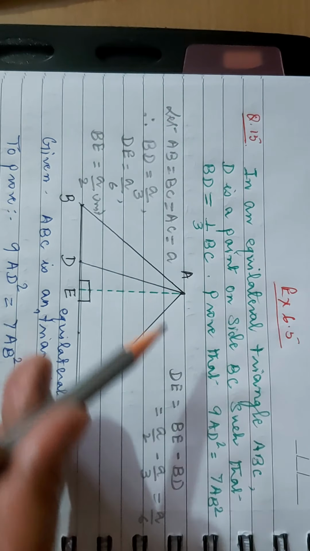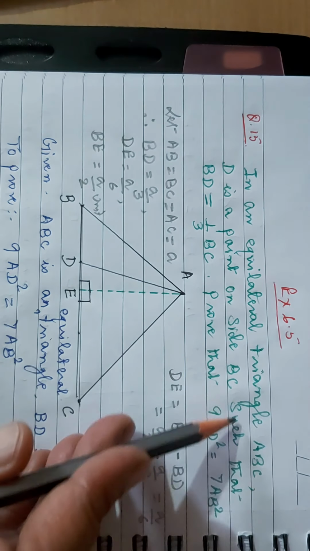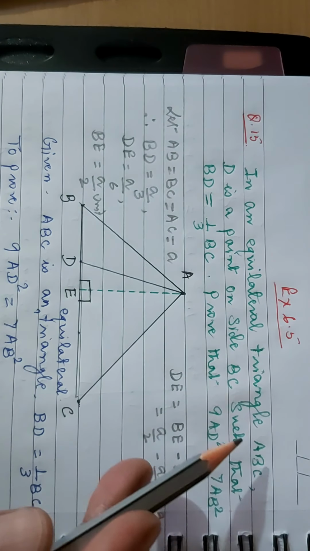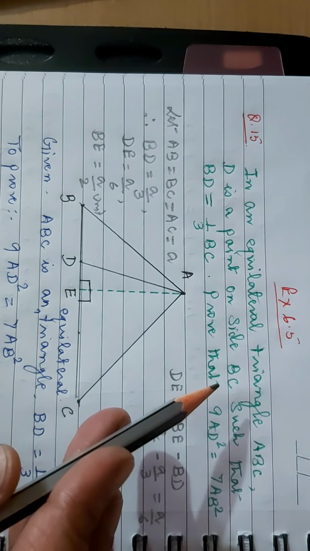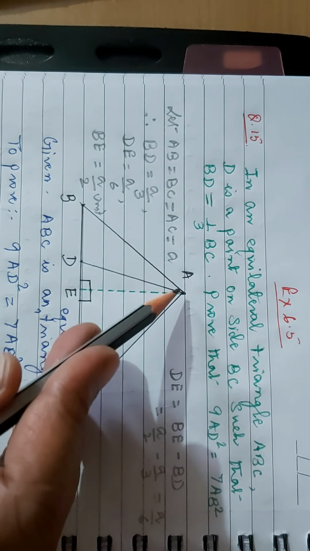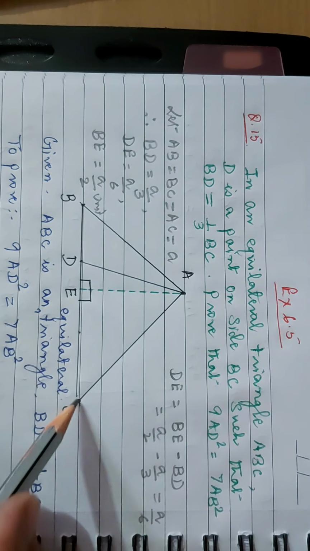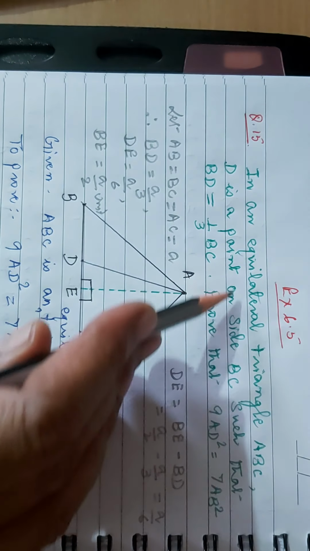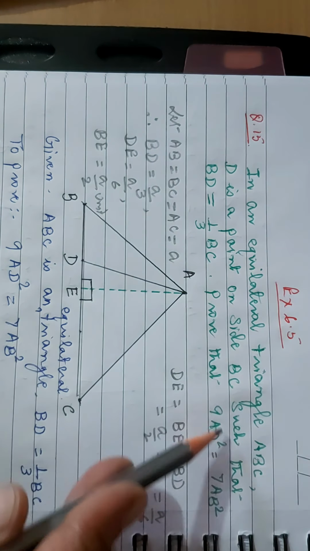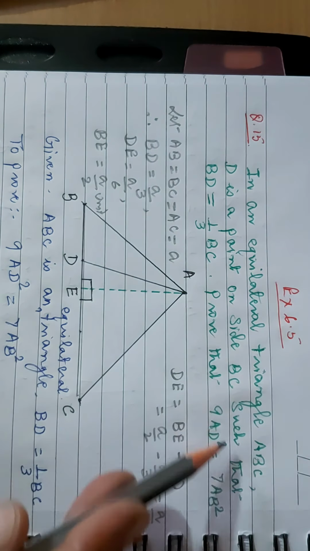So let us consider an equilateral triangle. It is given that ABC is an equilateral triangle. You know the meaning of an equilateral triangle: all three sides are equal, meaning AB is equal to BC is equal to AC. In equilateral triangle ABC, D is a point on side BC such that BD is equal to 1/3 of BC.